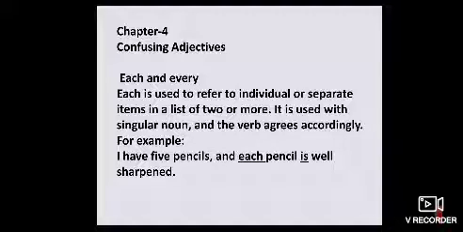Each is used to refer to individual or separate items in a list of two or more. It is used with a singular noun and the verb agrees accordingly. For example, I have 5 pencils. Each pencil is well sharpened.